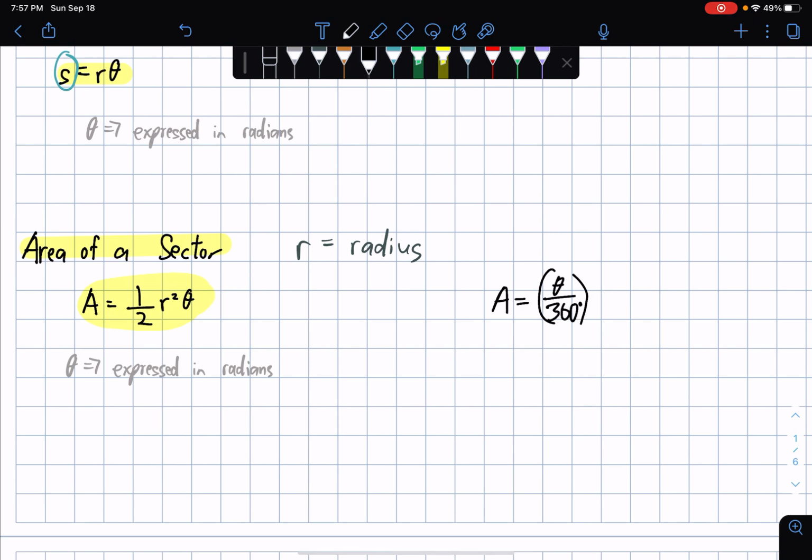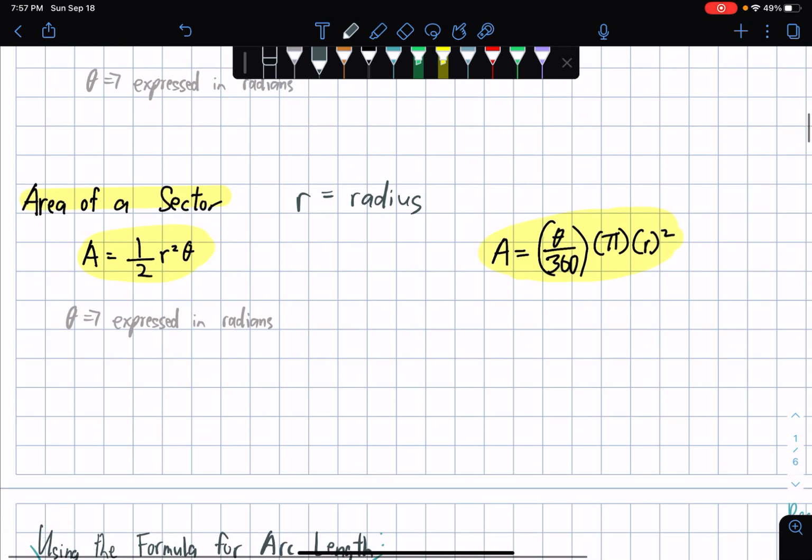I'm assuming this is in degrees, but we don't have to expound on that specific detail. Theta over 360 degrees times pi times R raised to 2. I hope I'm not wrong with this formula. It isn't exactly stated in classes, but whenever you're tasked to find the area of a sector, this is the formula that you use.